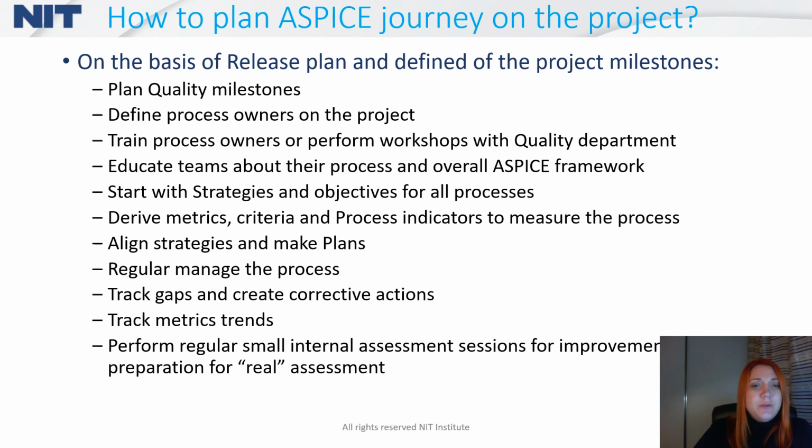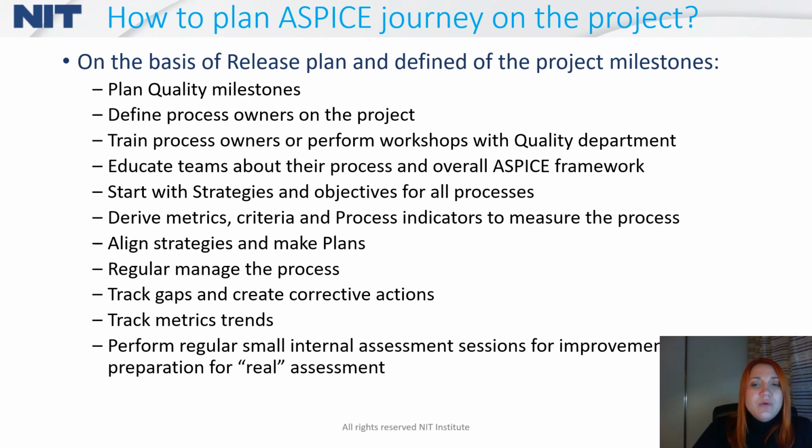We should define process owners on the project. Then we should train process owners or perform workshops with the quality department in order to explain what processes they will own. Of course, we need to think about educating the team about their processes and the overall ASPICE framework.